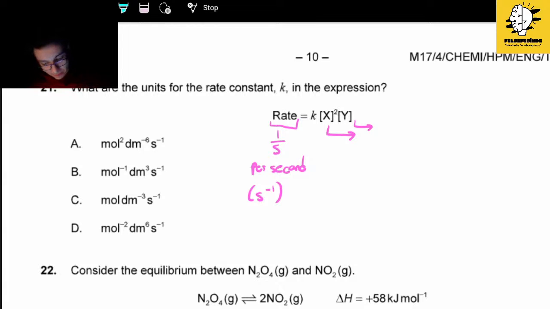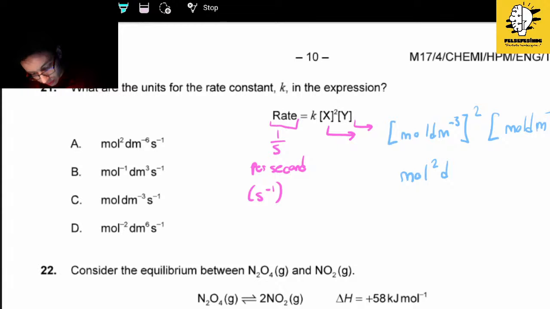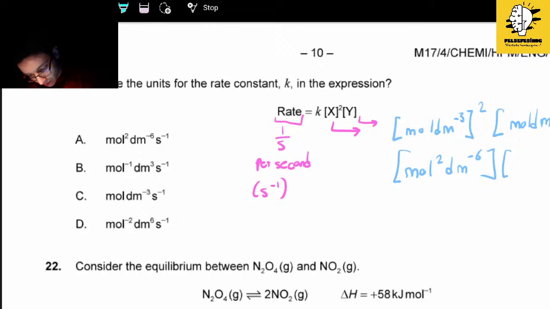So let's multiply them. Since both x and y are shown in moles per decimeter cube, we square the first one, times mole per decimeter cube, right? So when we square this, mole square over decimeter to the power negative 6, times mole per decimeter cubed, right?